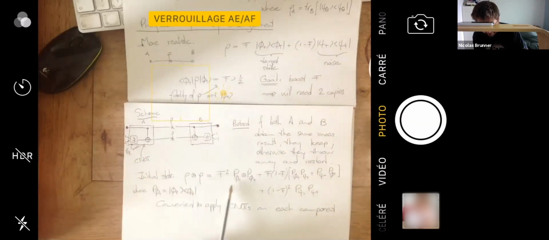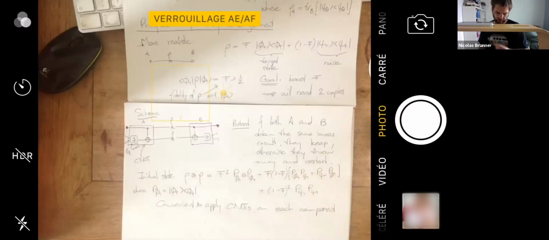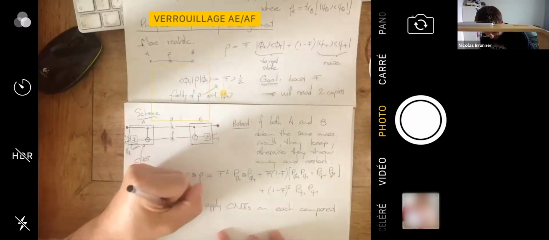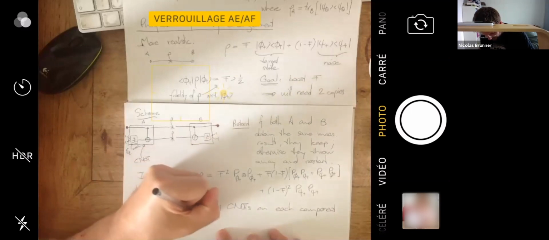It's much faster if I apply two C-NOTs on this object here. By linearity, I can compute it for this term, for this term, for this term, for that term, and then I put everything together. And so if I do that, I can see the following thing.